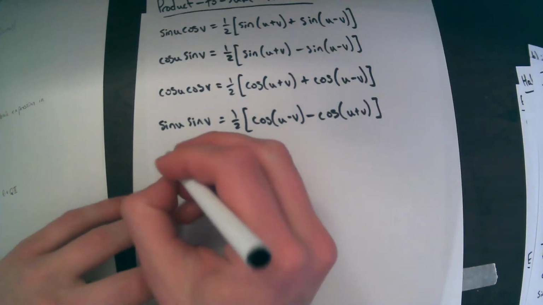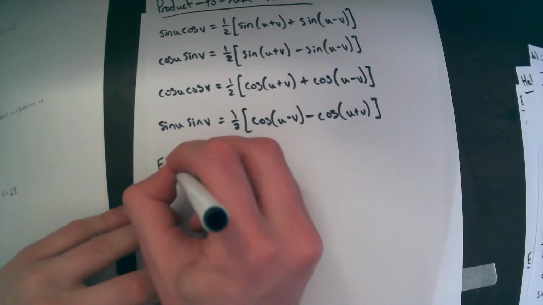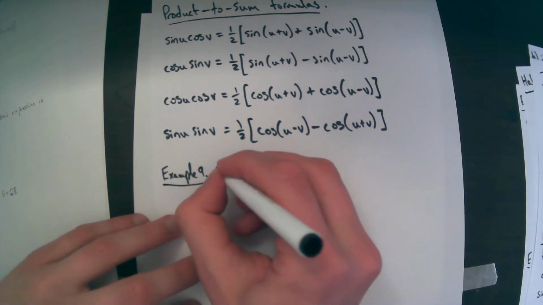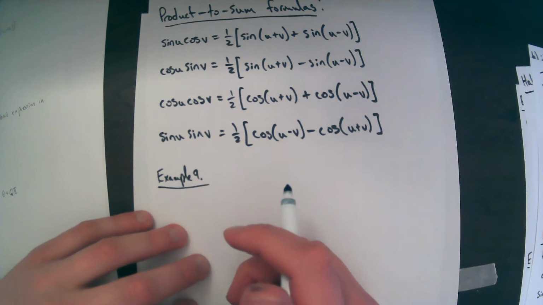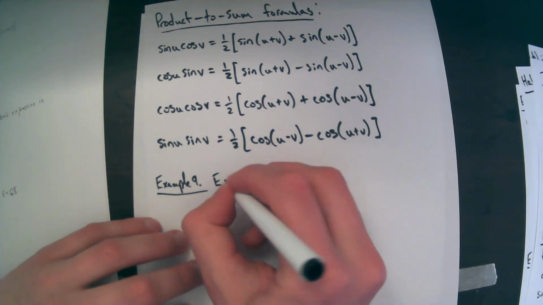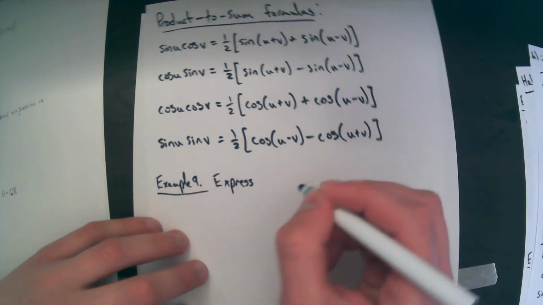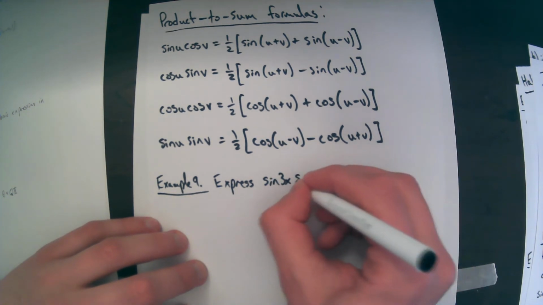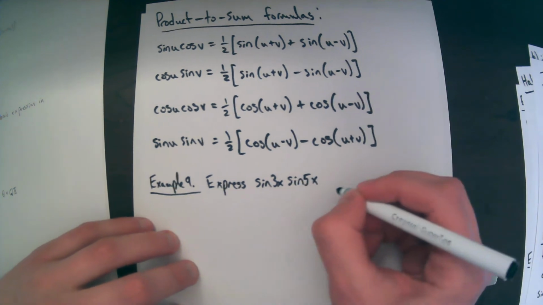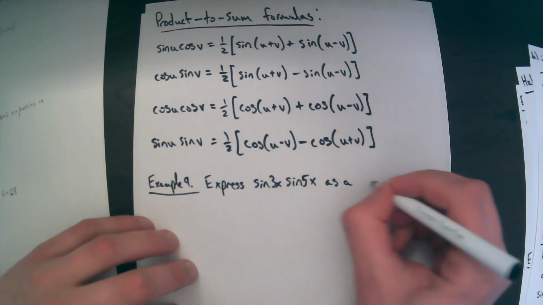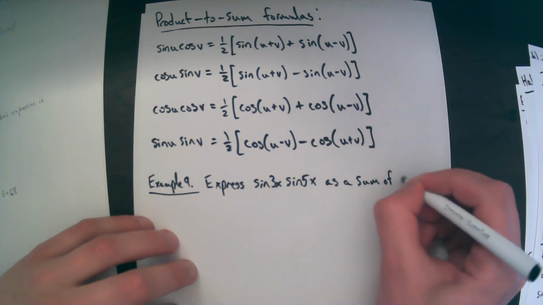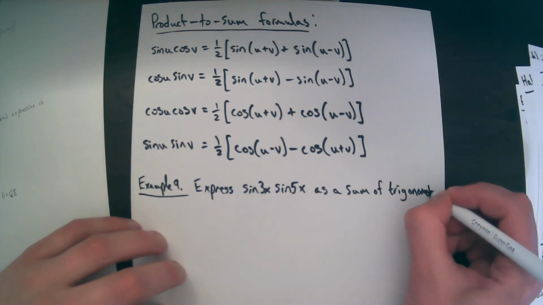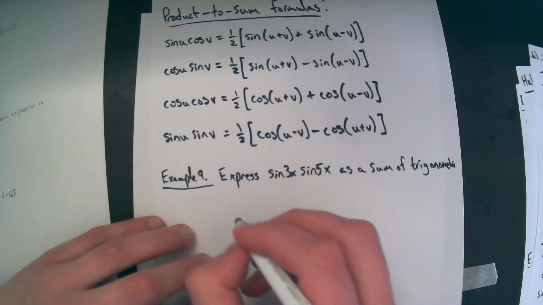Okay. Example 9. We're just going to practice using these. Express sine of 3x times sine of 5x as a sum of trigonometric functions.